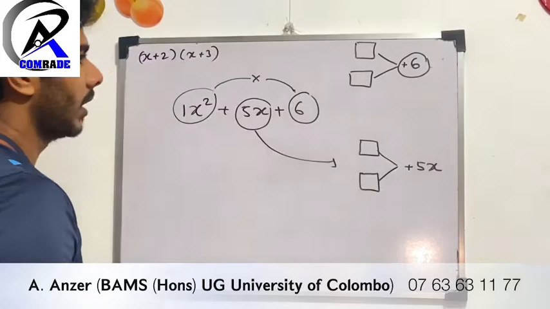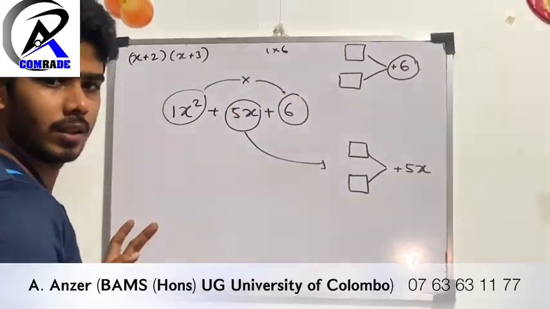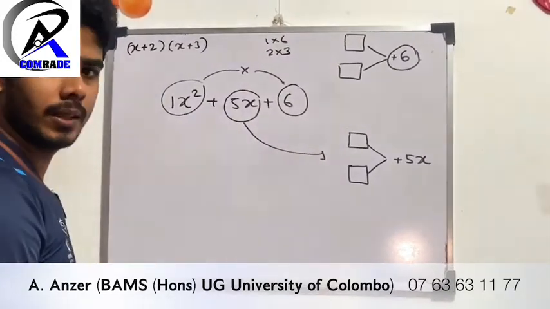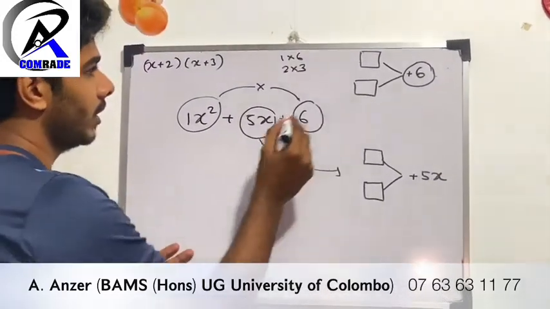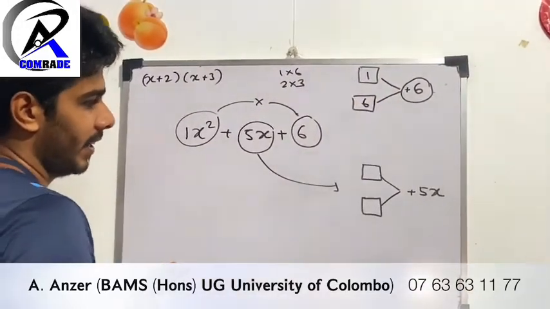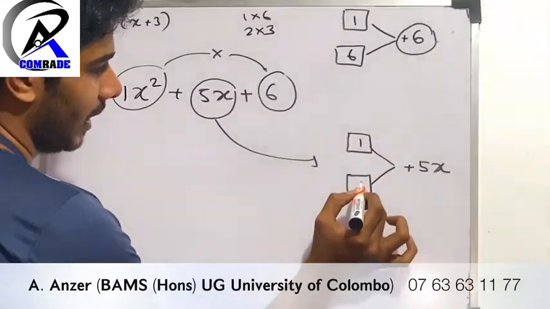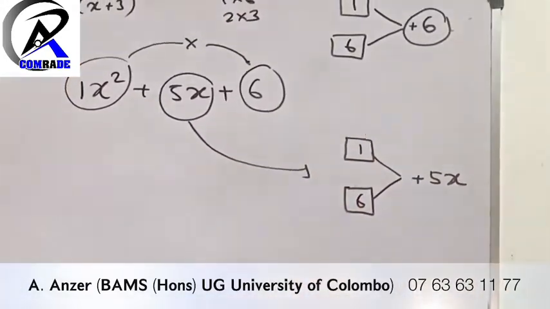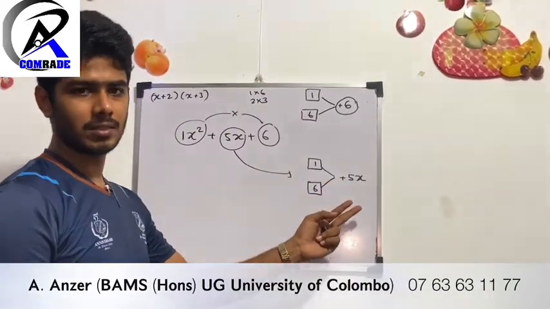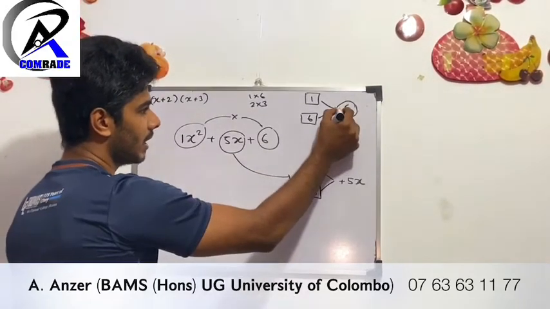I can make 6 by 1 into 6, or 2 by 3. If I put 1 and 6 here, can I make plus 5x? Yeah, definitely I can make plus 5x, but here the answer should be in plus.